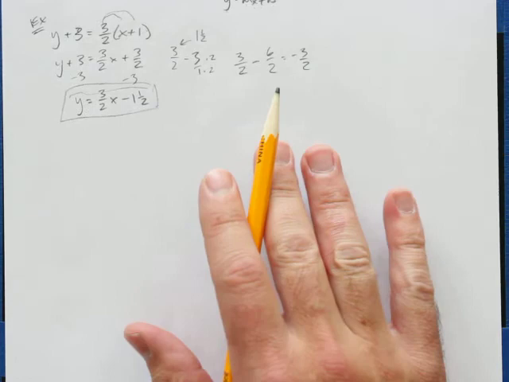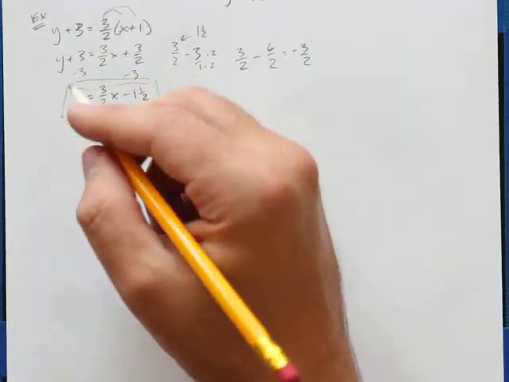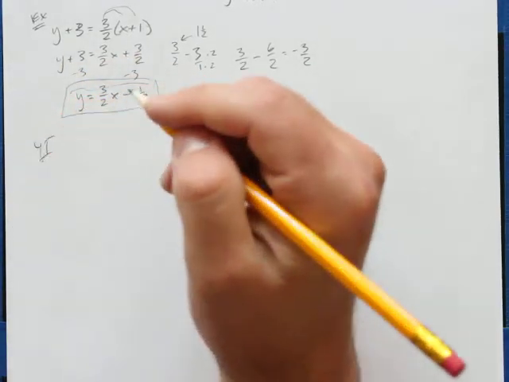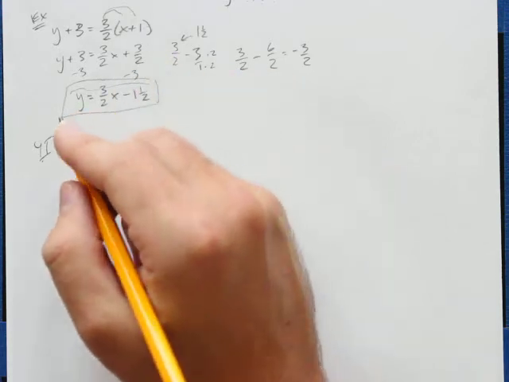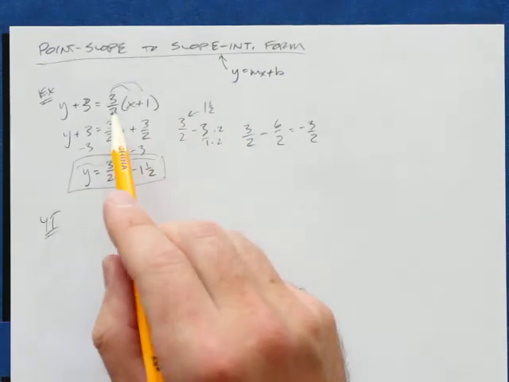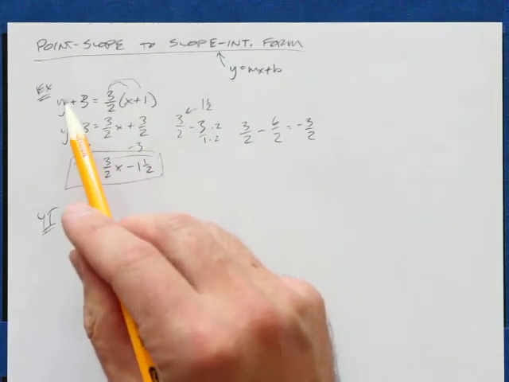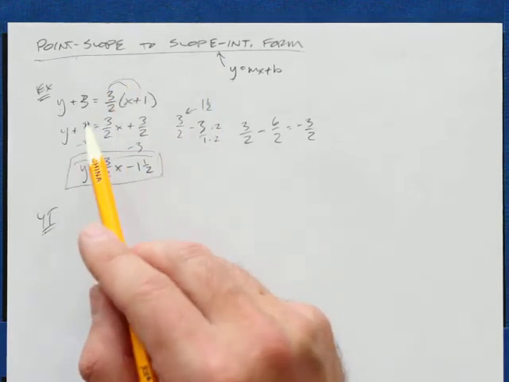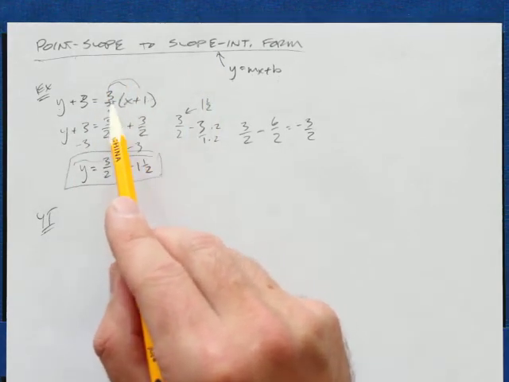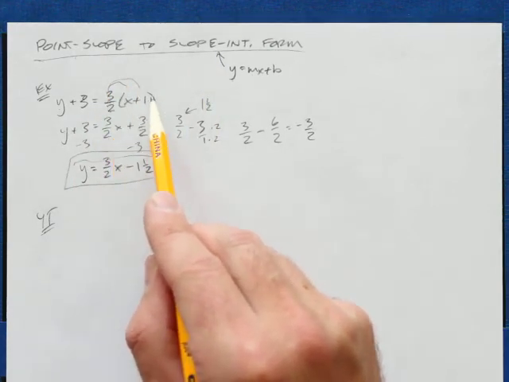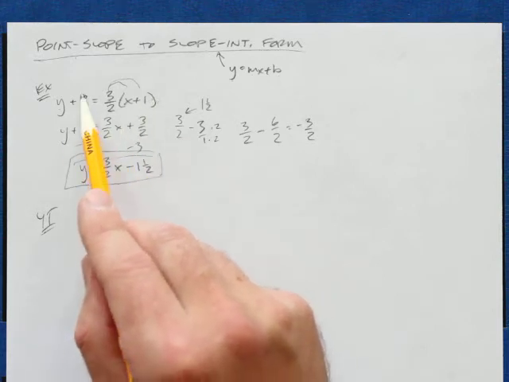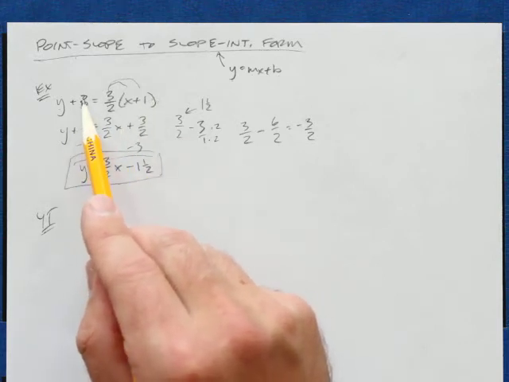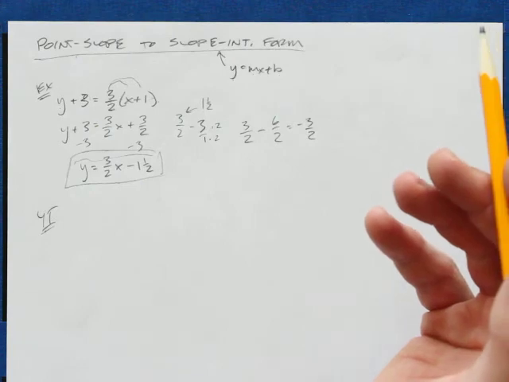That's kind of an ugly one to start with, but there it is. All right. Here's a u-try. But notice, all I did from changing this to point slope to slope intercept form is I distributed the slope, and then I subtracted or added whatever the number was over here, and that's it. I'm all done.